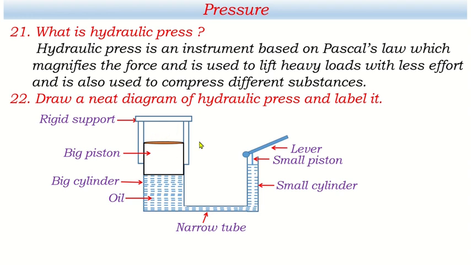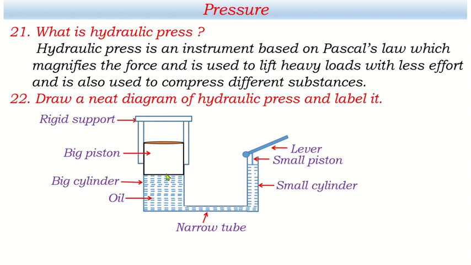Whenever we have to press a material, the material should be placed between the big piston and the rigid support, and when the lever is pushed downward, it exerts pressure in the oil, and when this pressure reaches the big piston, the force magnifies to a very huge value. This is because of the huge area of the big piston. Now this big piston compresses the material placed between the big piston and the rigid support.